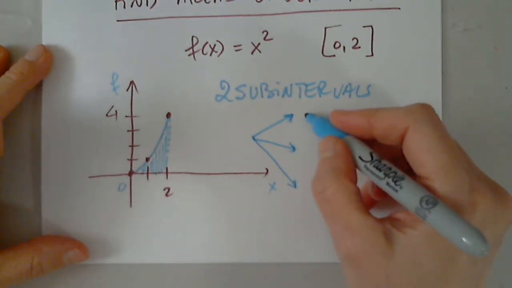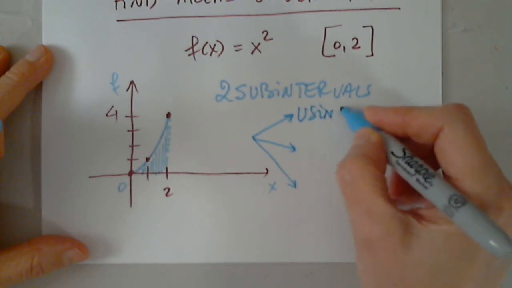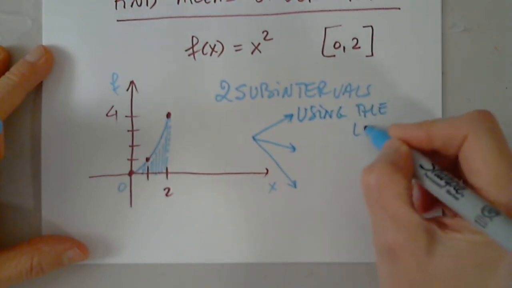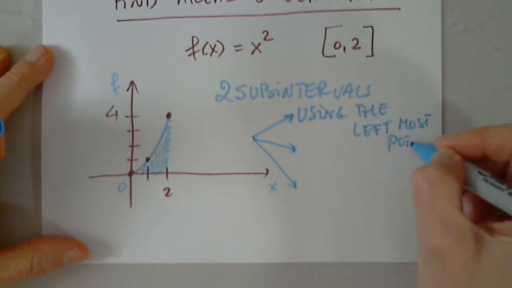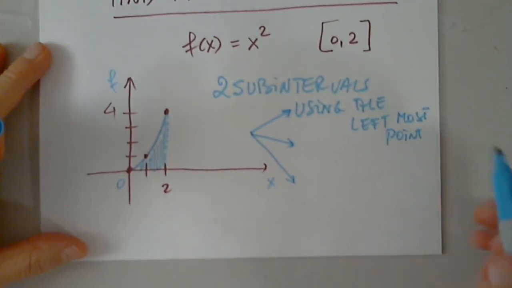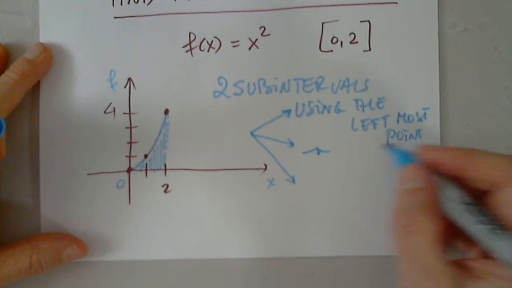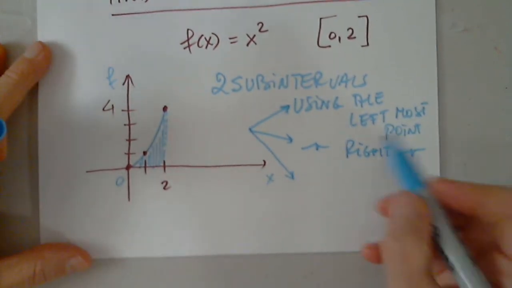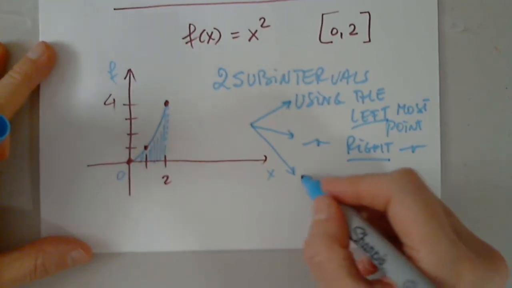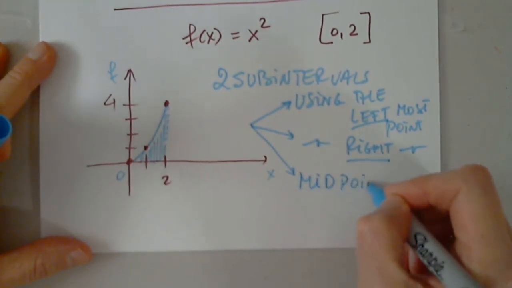One option is using the leftmost point. You will see what that means in a blink. The other one, of course, is using the rightmost point. Left, right, and of course the midpoint.